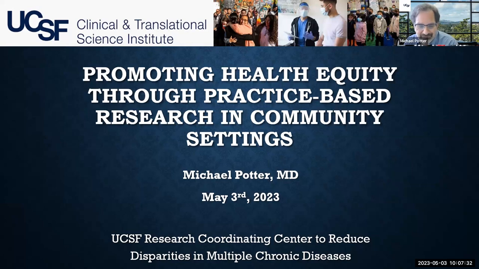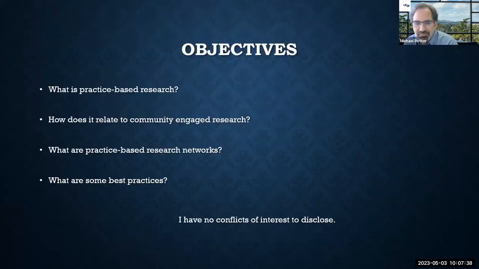Can we have the next slide? So just briefly, my objectives for this talk, or my goals, are to address the following 4 questions. What is practice-based research? How does it relate to community-engaged research? What are practice-based research networks? And what are some best practices?